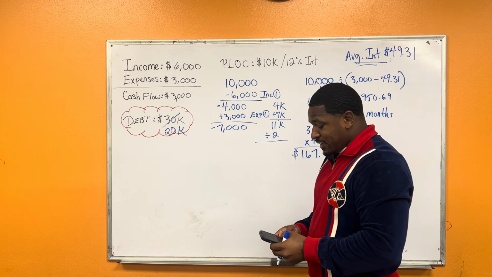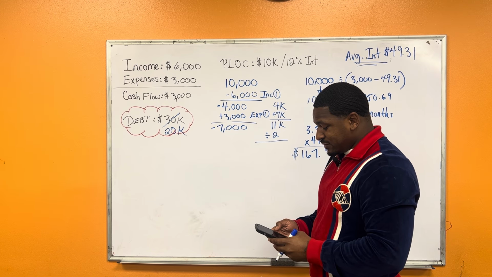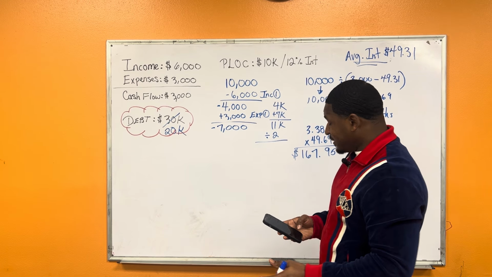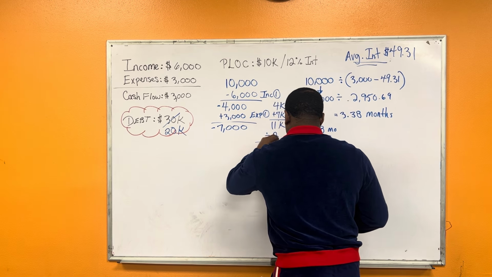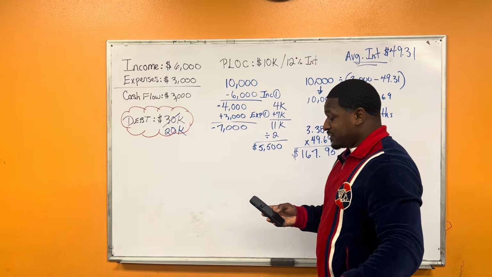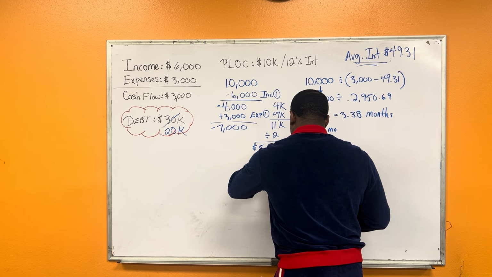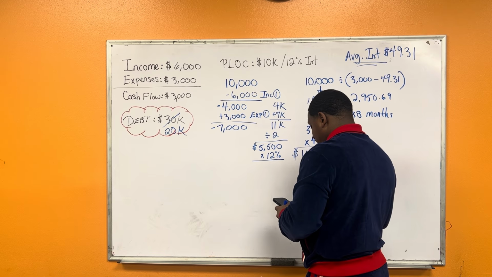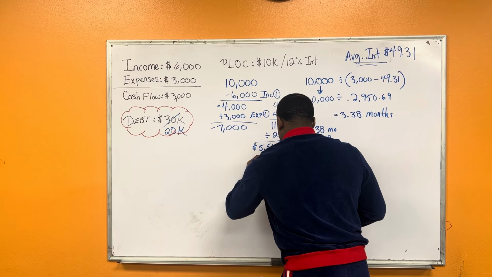So we got to divide 11,000 by 2, which gives us $5,500. Now we multiply that by 12%, which gives us $660.